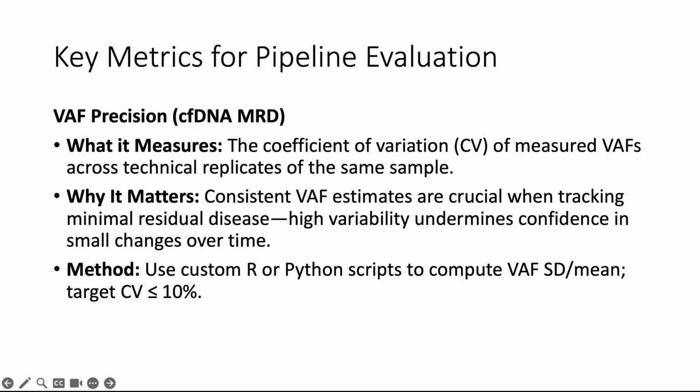Variant allele frequency will be related to the coefficient of variation of measurements across technical replicates of the same sample. Consistent variant allele frequency is quite necessary for minimal residual disease monitoring, as high variability here will reduce our confidence in small changes which are happening over time.